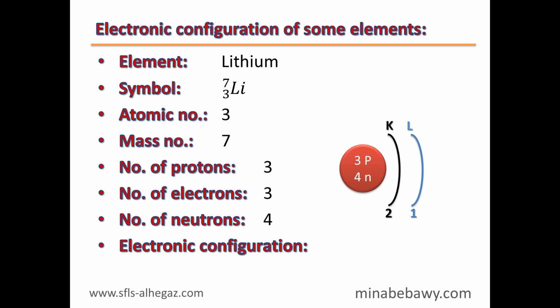Its nucleus contains 3 protons, 4 neutrons, and it contains 3 electrons which are distributed in 2 energy levels. The first energy level K will take only 2 electrons because it is saturated with 2 electrons. We have another electron. We will put it in the second energy level L. So the electronic configuration of lithium is K2L1.